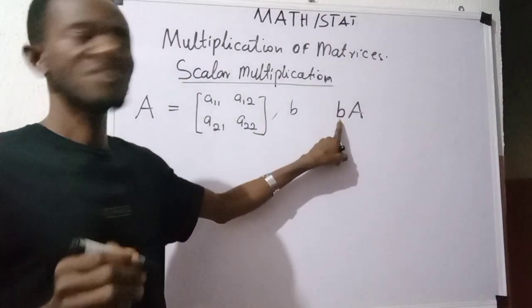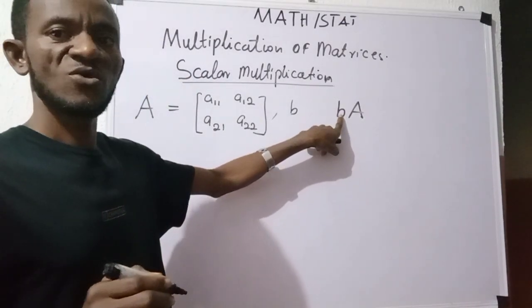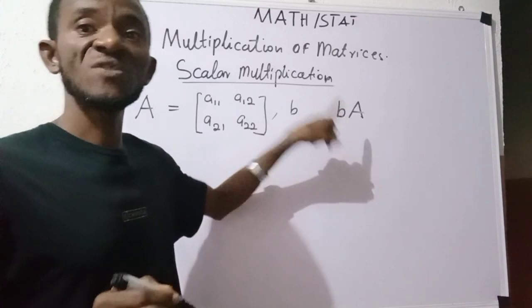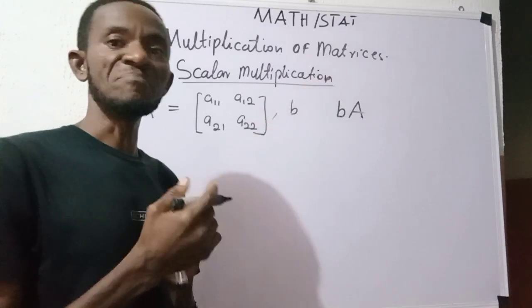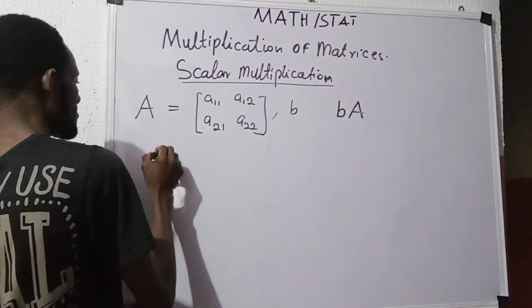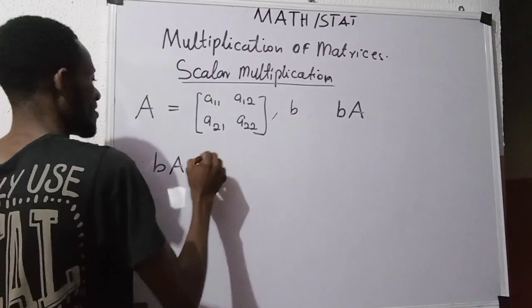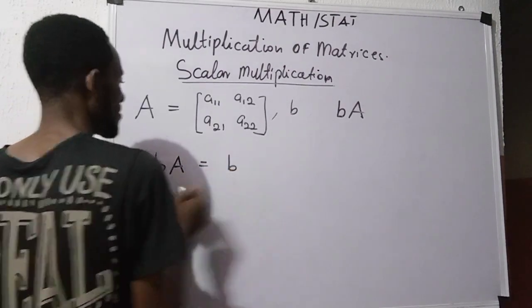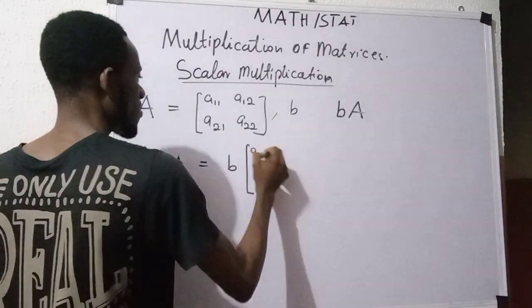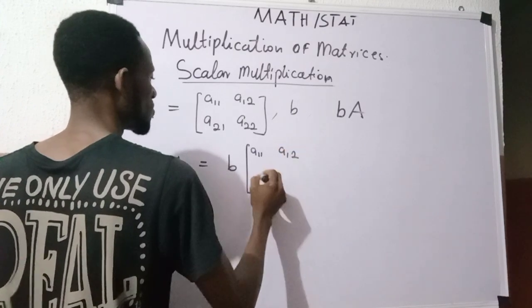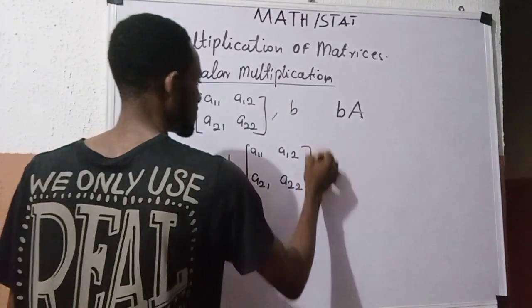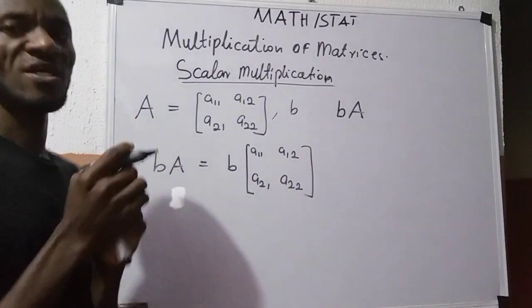This BA here means that we are using this number B, which can be a fraction, a decimal, or a whole number, to multiply this matrix A. So my BA equals B times A, and A earlier had been defined this way: A11, A12, A21, and A22.